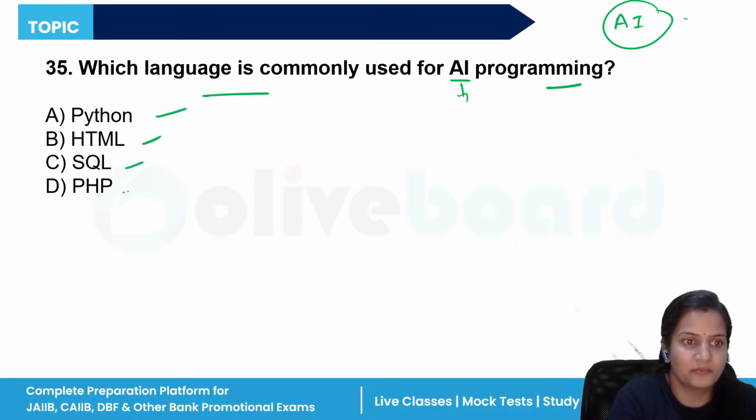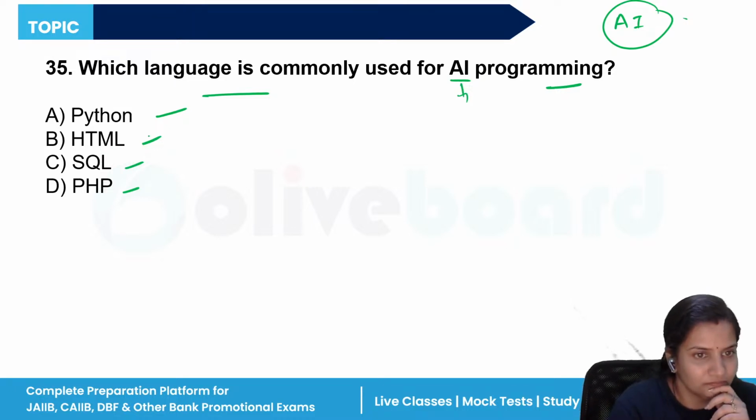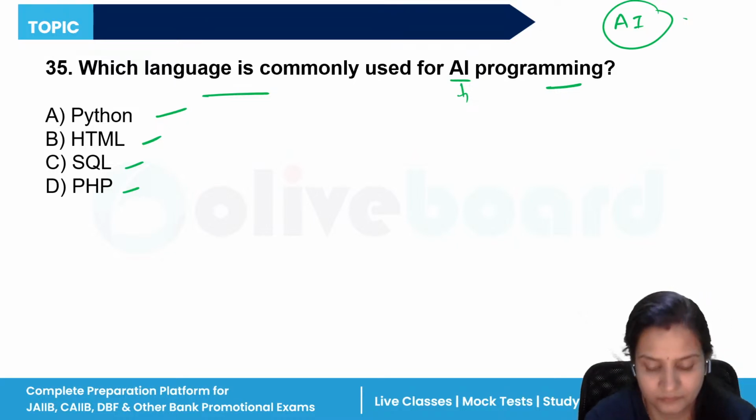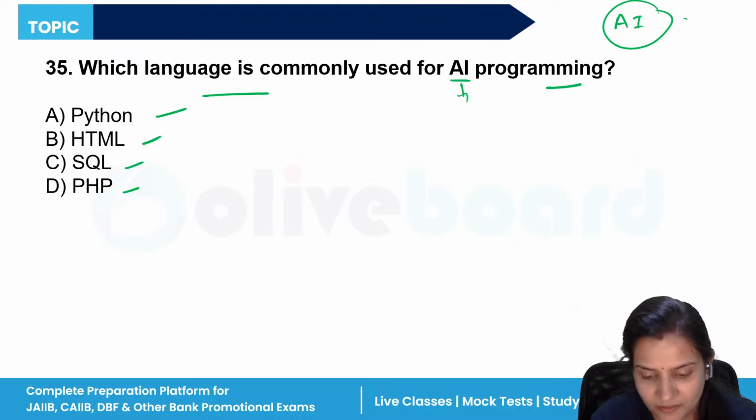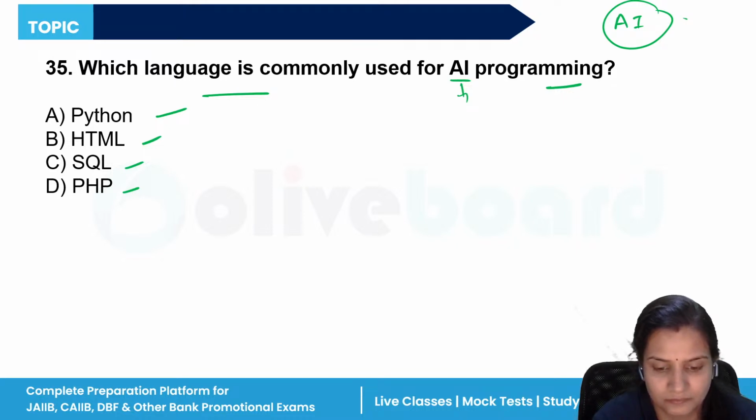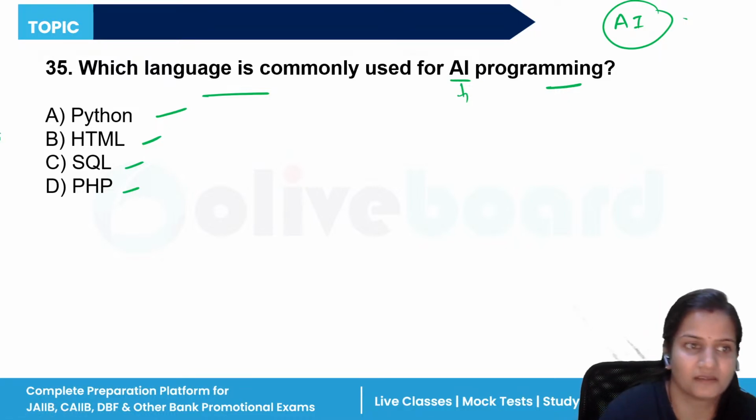Python, HTML, SQL, PHP. Correct. It is Python.